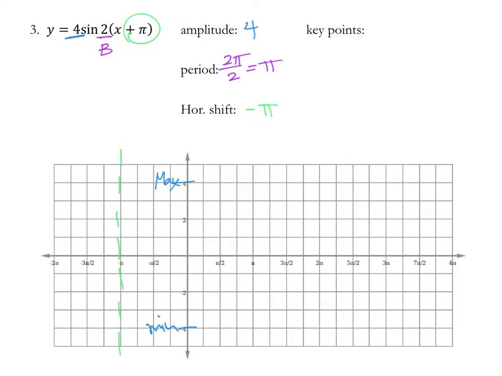And then our key points, we still have positive signs, so it's going to go intercept, max, intercept, min, intercept. Our start value is at -pi, and then we have to increase by the period divided into 4, which is pi over 4. So this time, to make that happen, I am going to get a common denominator here. That will happen with some of these, you might have to change that start amount.